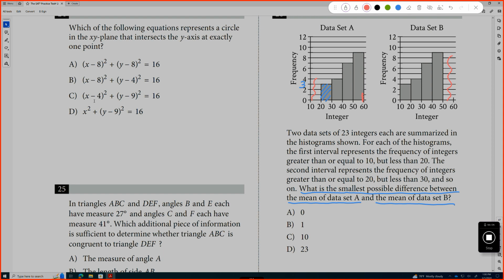So in order to get the smallest difference, we need to bootstrap data set B, and we need to lower down the values of data set A. We need to lower them.